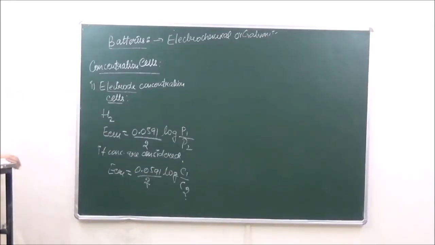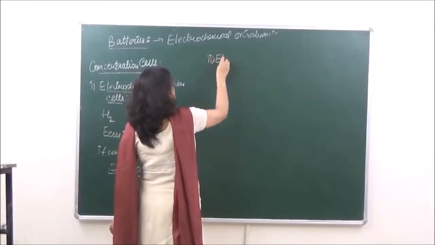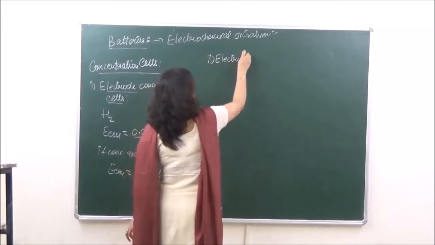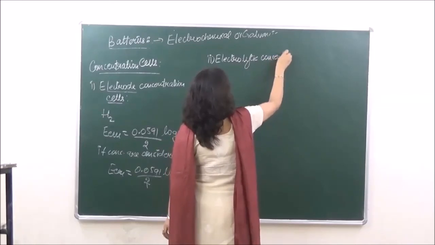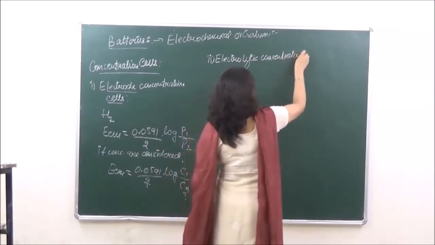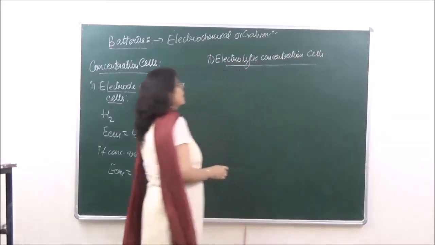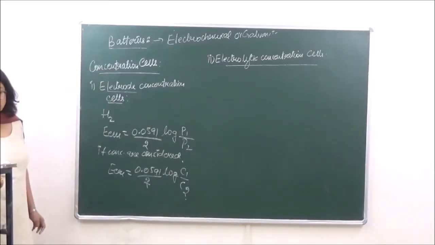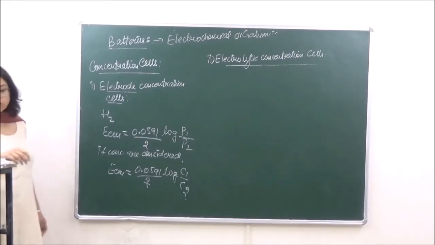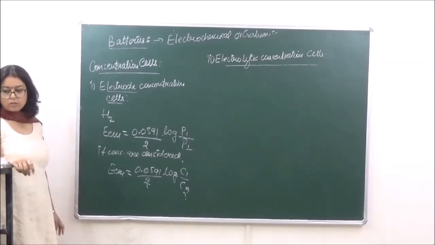Okay? The second type of cell we have is electrolytic concentration cells. In case of electrolytic concentration cells, we have identical electrodes and they are immersed in solutions of the same electrolyte of different concentrations, right?